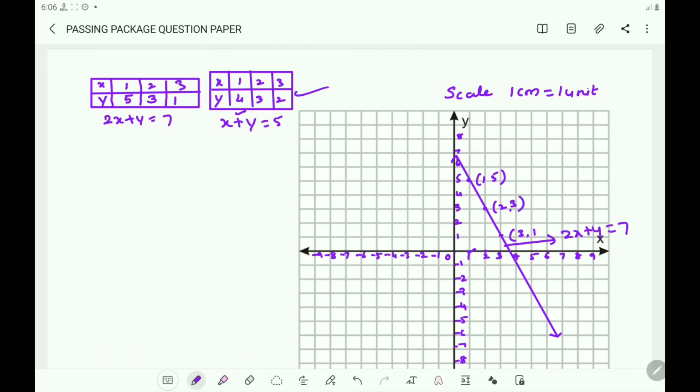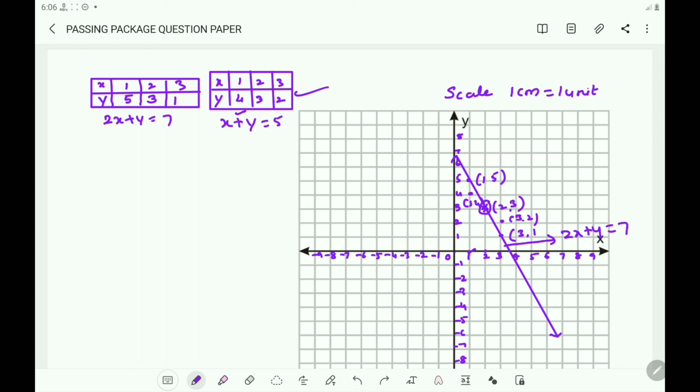Then you take the second graph, that is 1, 4. 1, 4 comes here. Then 2, 3 comes here only. And 3, 2 comes here. So this is 3, 2. You got this one, this one and this one.